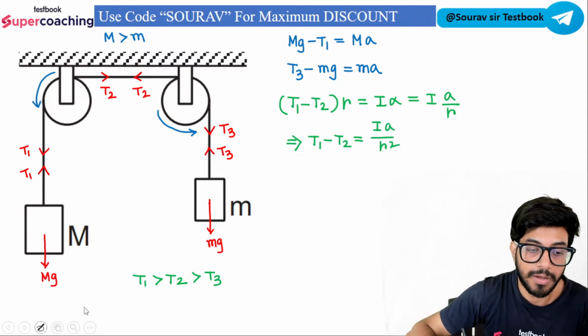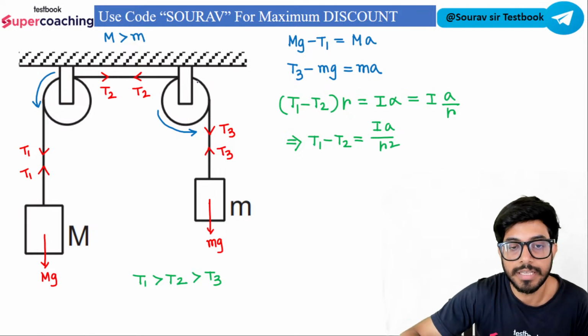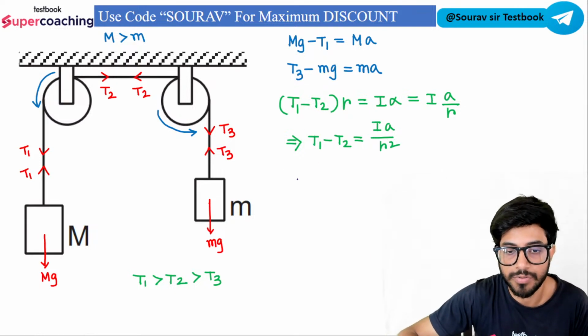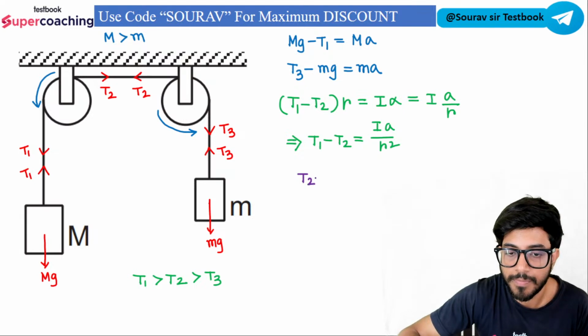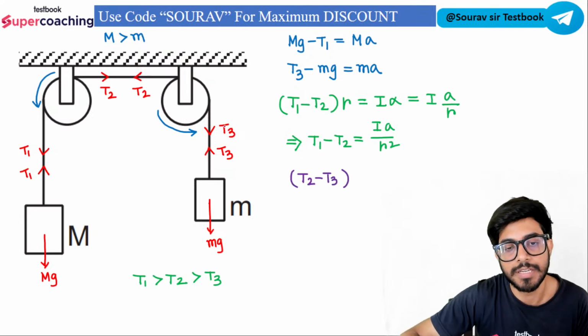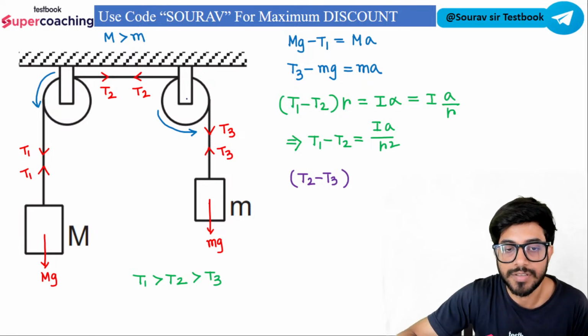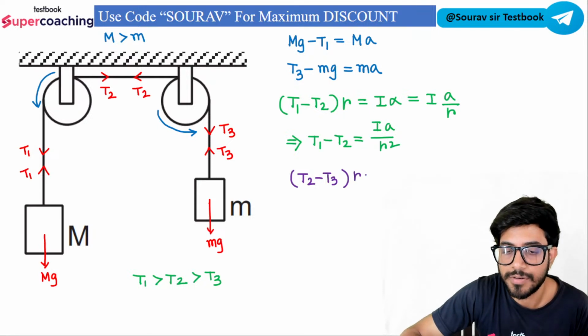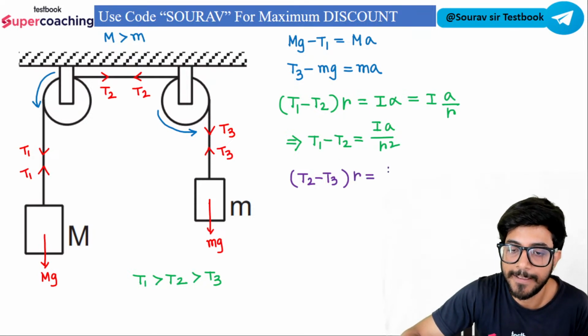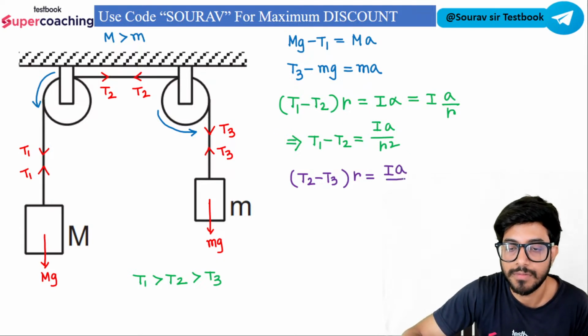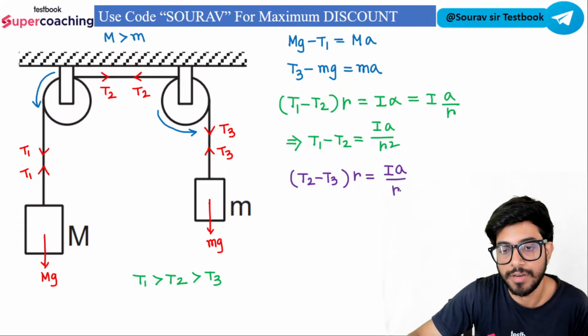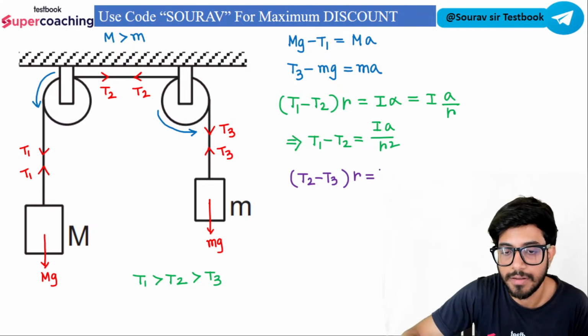Similarly, what can you tell about this rotation? Which one is greater, T2 or T3? T2 is greater, so T2 minus T3 into the radius of this pulley, that is r, should be equal to the moment of inertia I into alpha, that is I into a by r.